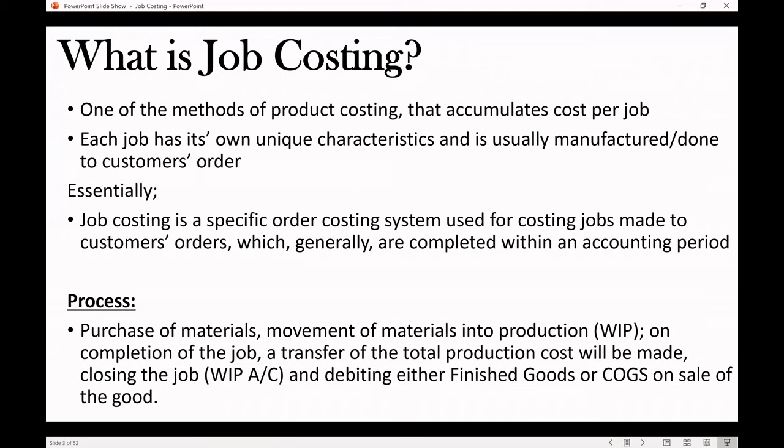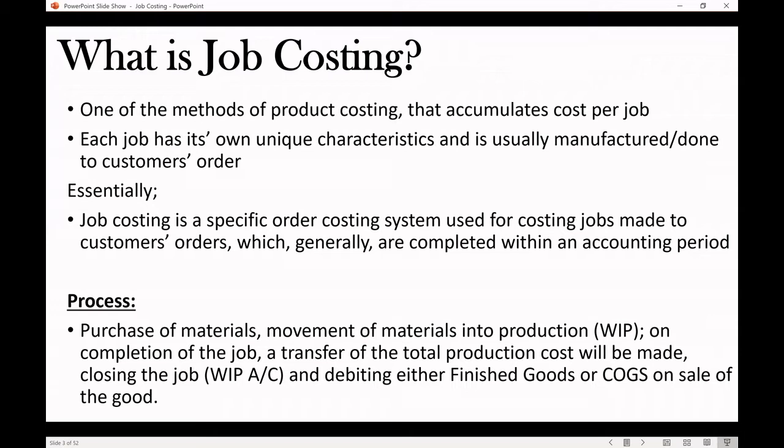So what's the process in job costing? The process is similar to a lot of businesses with a little tweaking, but very much similar. It starts with the purchase of materials. So going back to the furniture company that I might own, I'm going to need to purchase wood, ply, nails, certain tools, a hammer, etc. So I'll have those materials, and you will have to do your journal entry for that in accounting.